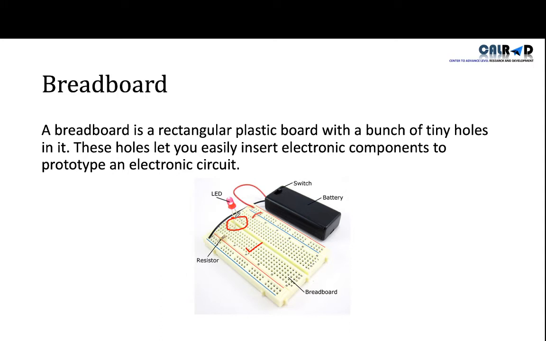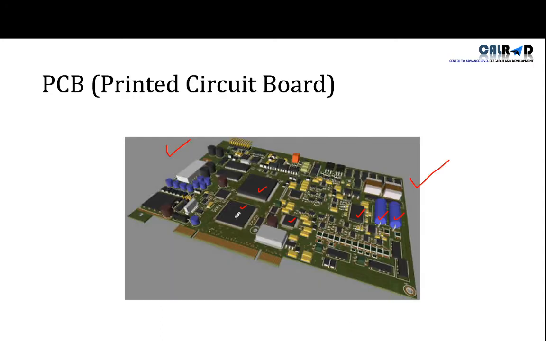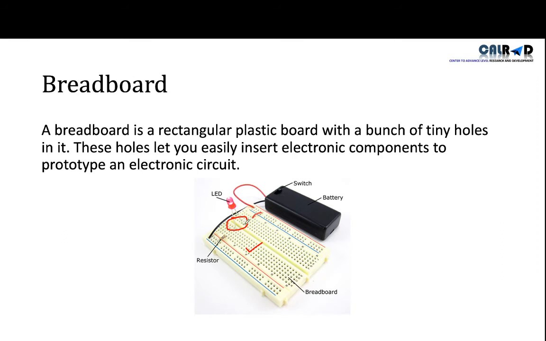What was it in the PCB? In a PCB, all these components are permanently connected with the board. But on the breadboard, there are holes, and components can be put on temporarily for performing some task.